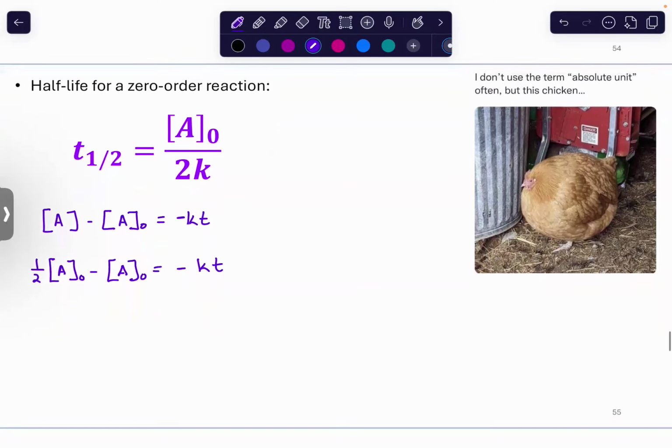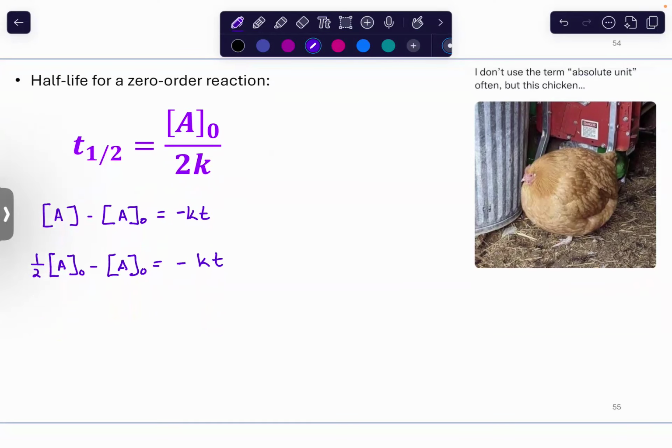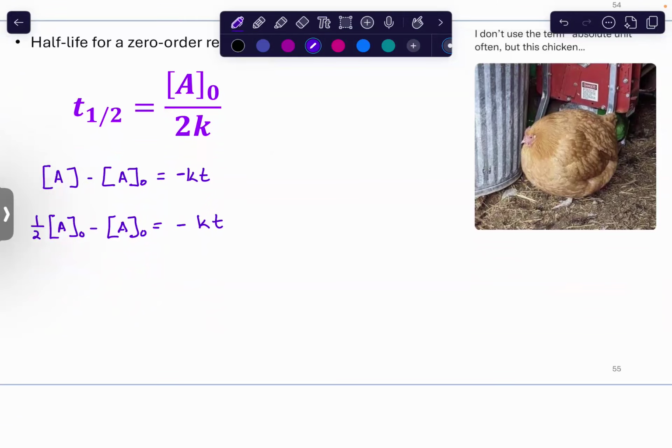Okay, so let's turn these two concentrations into fractions that we can subtract. How do we do that? So the first one is going to be A over 2. What about that second one? They have to have the same denominator. 2A over 2.